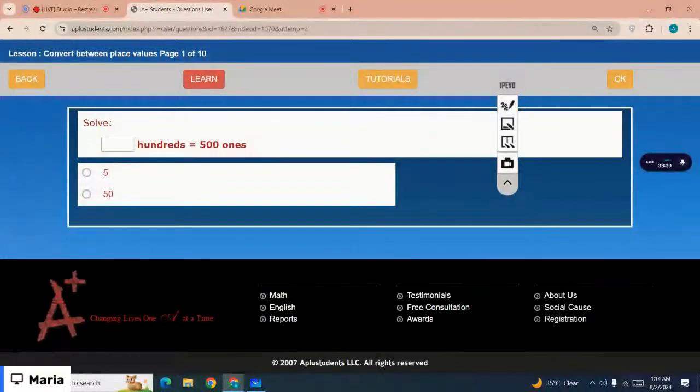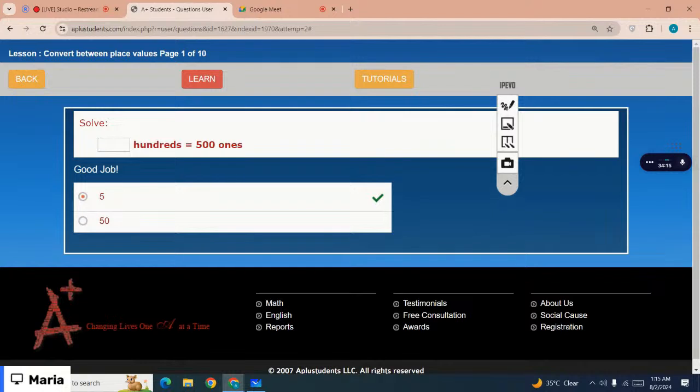Then how many hundreds do you have? 500 ones means you have 5 hundreds. The correct option is option number 1, that is 5 hundreds.